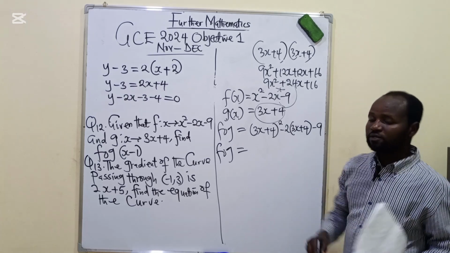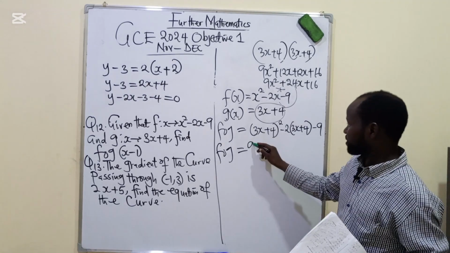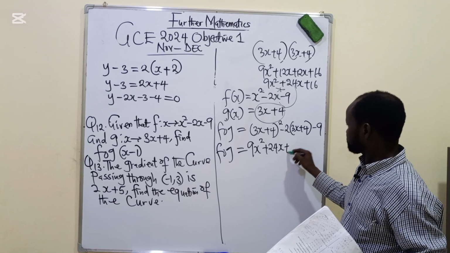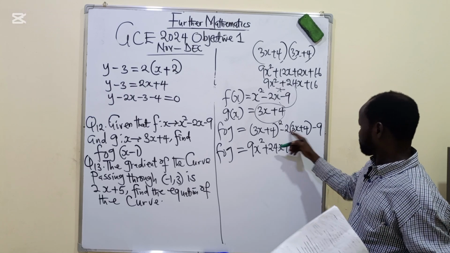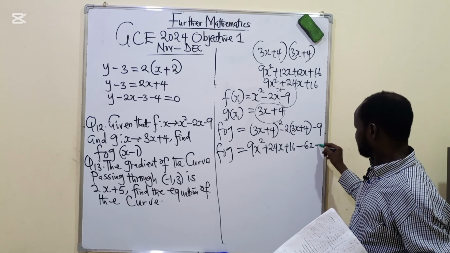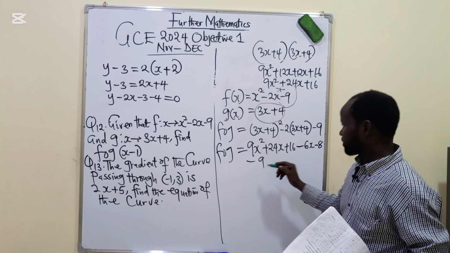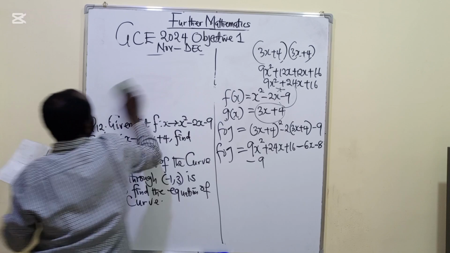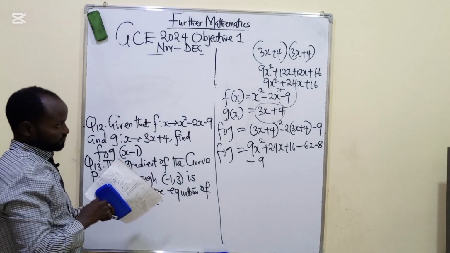So this will be the expansion of this. That will be 9x squared plus 24x plus 16 minus, we multiply it, that will be 6x minus 8, then minus 9.